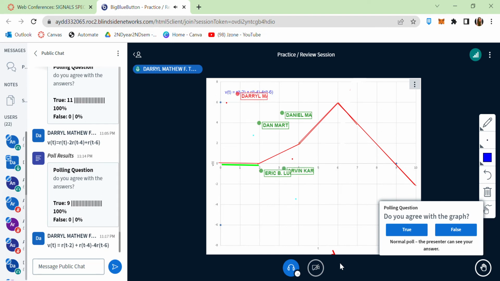The fact na walang ibang function bago sa kanya is why it's flat. Since wala tayong r of t, that's why flat siya all the way up to t equals 2.